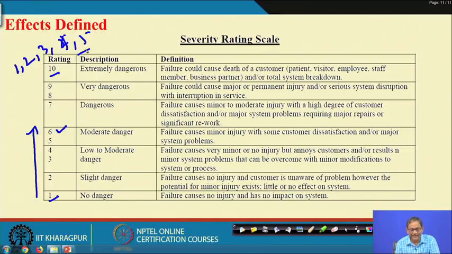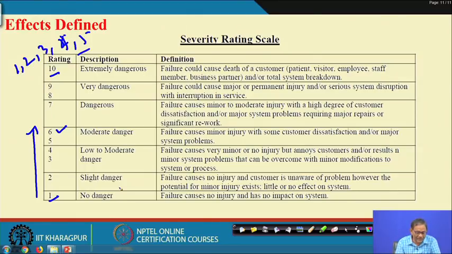If you find that the experts or the team members are more comfortable in a 5 point scale, then you take a 5 point scale. So, the breaking into 10 different levels will not be required. Okay.